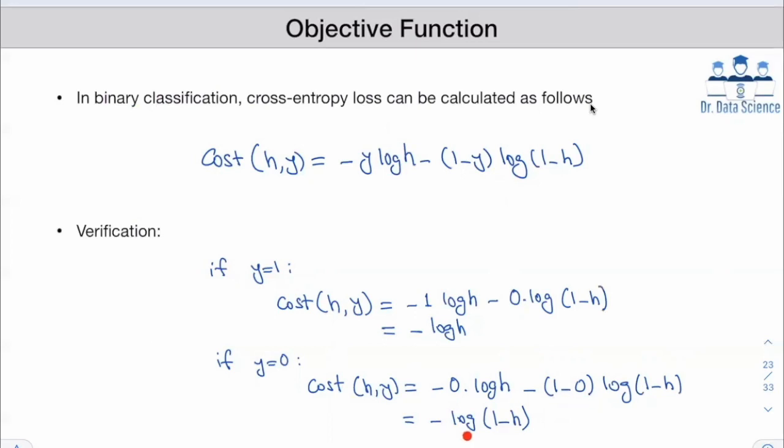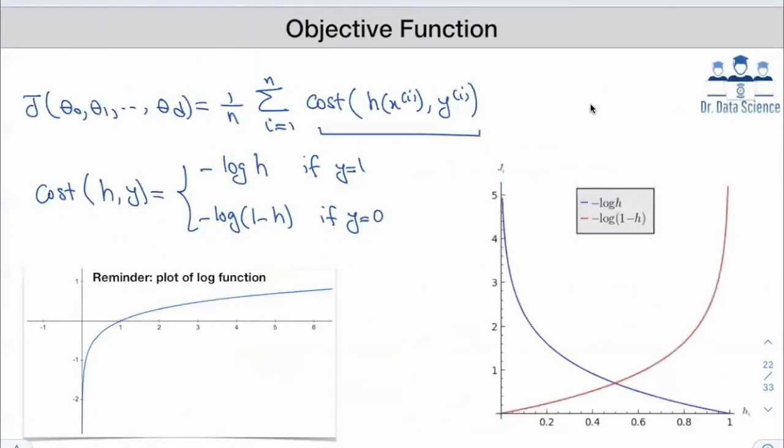So we get negative log of 1 minus h. Feel free to pause here and do this on your own, but you can see that this gives us exactly the same result as we had before. So for y equals 1, we get negative log of h, and that's exactly what we have here.